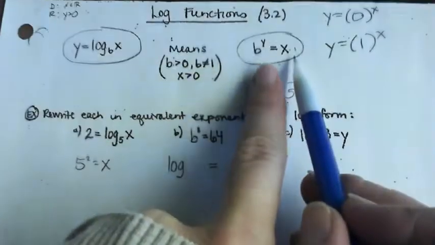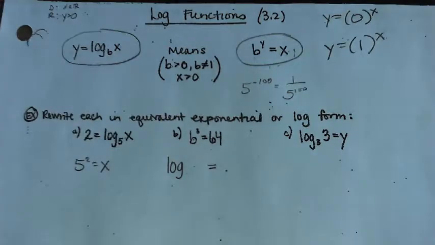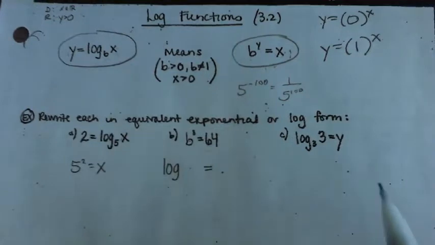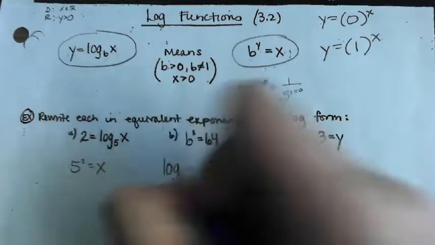We're going from this format, exponential, backwards. So let me ask you this. What's the base of the exponent? B. Whatever the base of the exponent is, that's the base of your log.